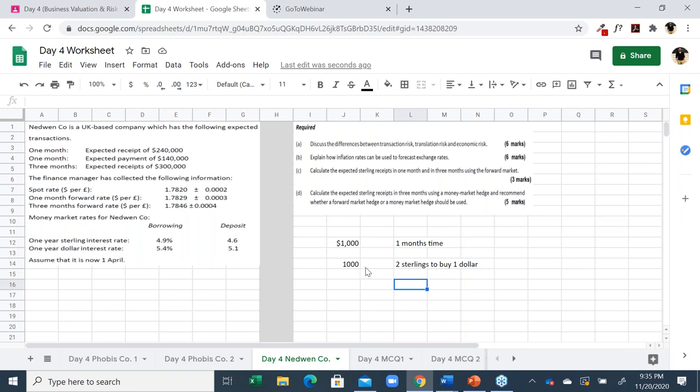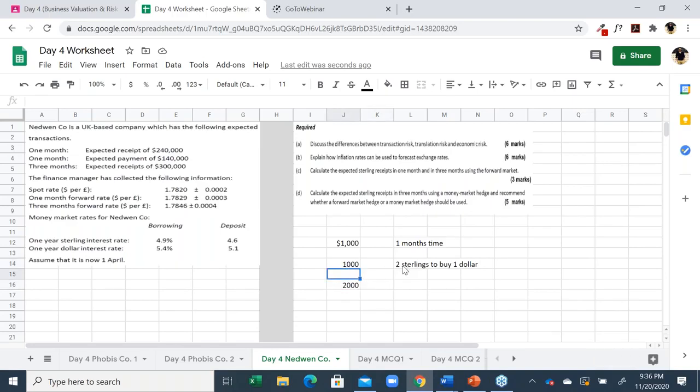How many pounds sterling would we be needing in 1 month's time if we need two sterlings to buy $1 in 1 month's time? 2,000. It will be 2,000. We will be needing 2,000 pounds sterling. And today we need 1,000. So it is increasing our cost by 1,000 pounds sterling.